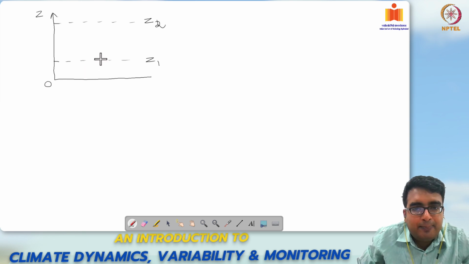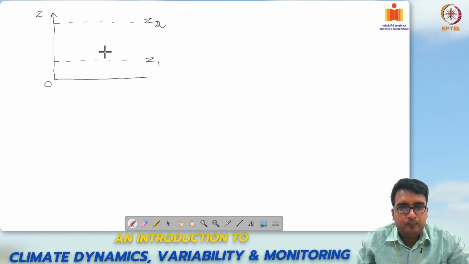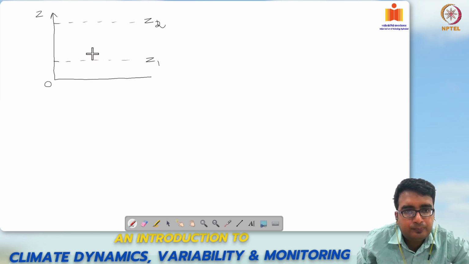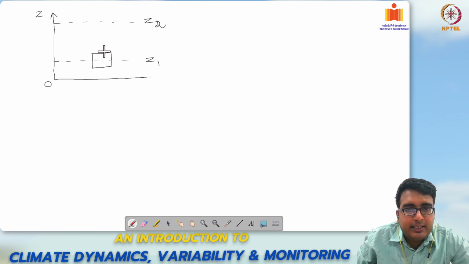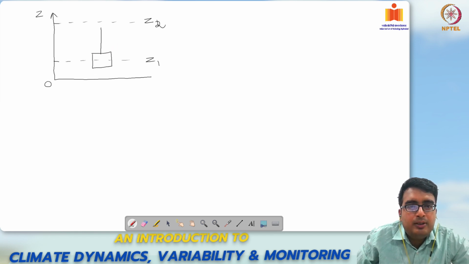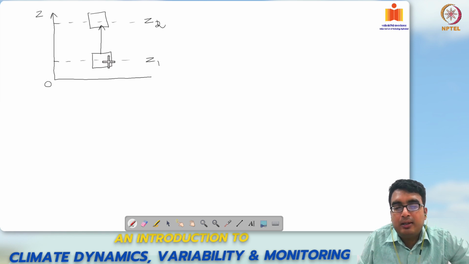Suppose we have a parcel of air that is initially at altitude Z1, and due to certain dynamical conditions in the atmosphere, this parcel of air moves to a new altitude Z2 through an adiabatic process. That is, there is no heat transfer between the air parcel and the surrounding during the course of this upward movement.